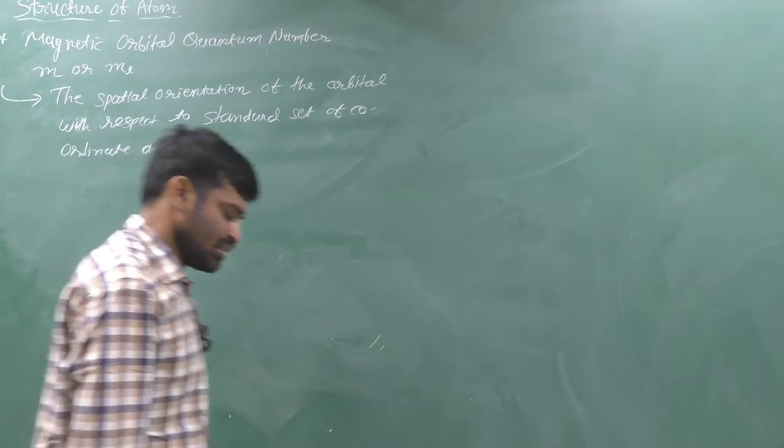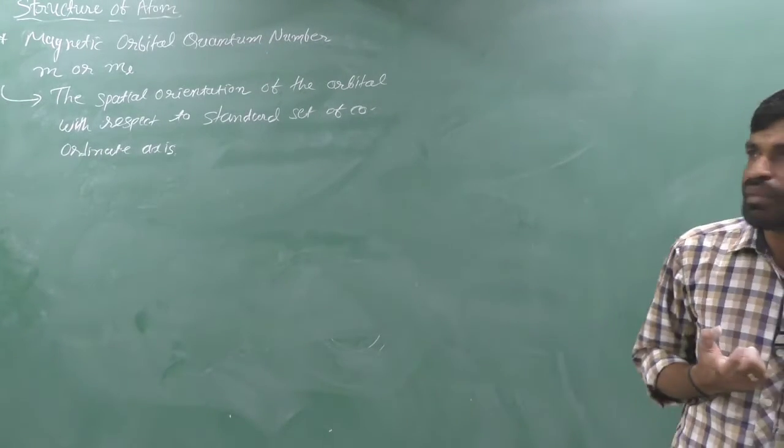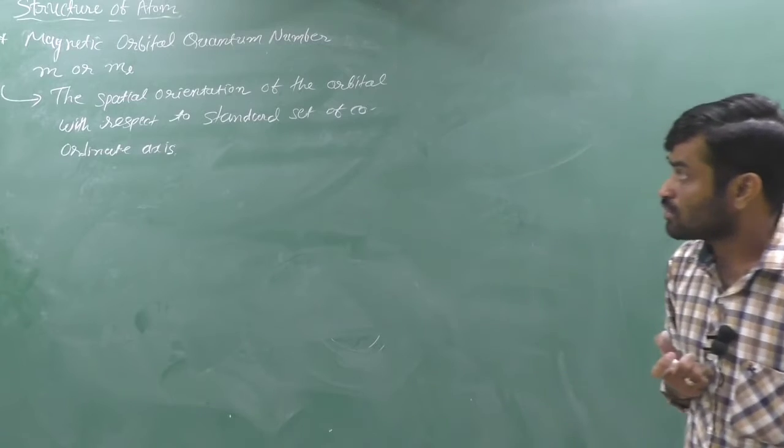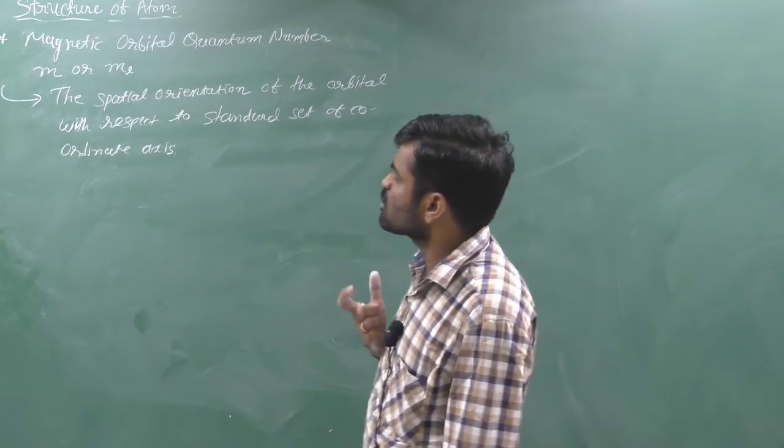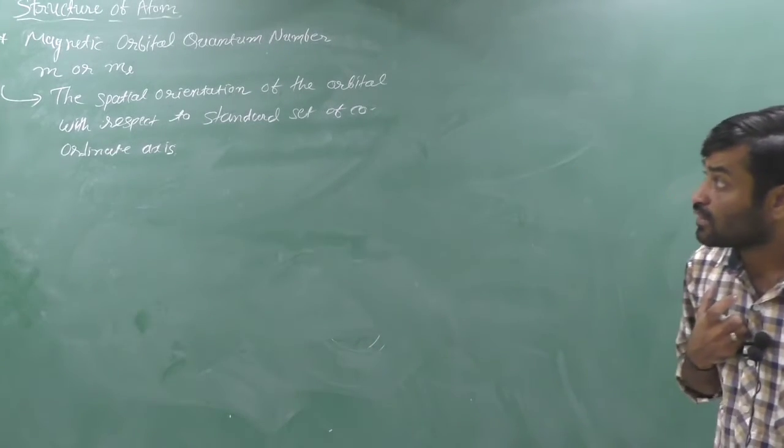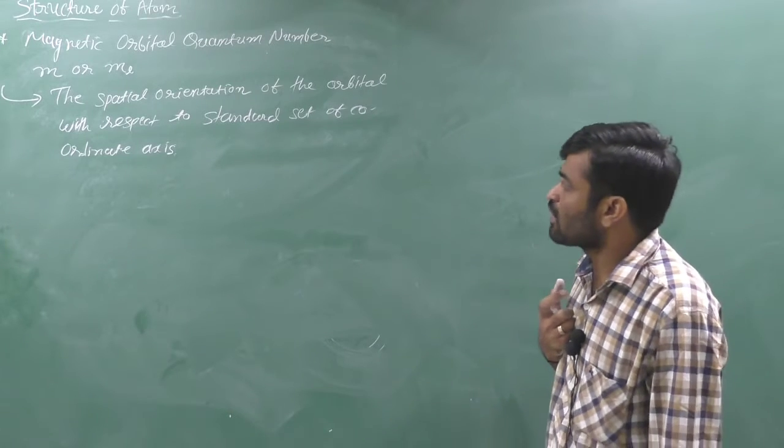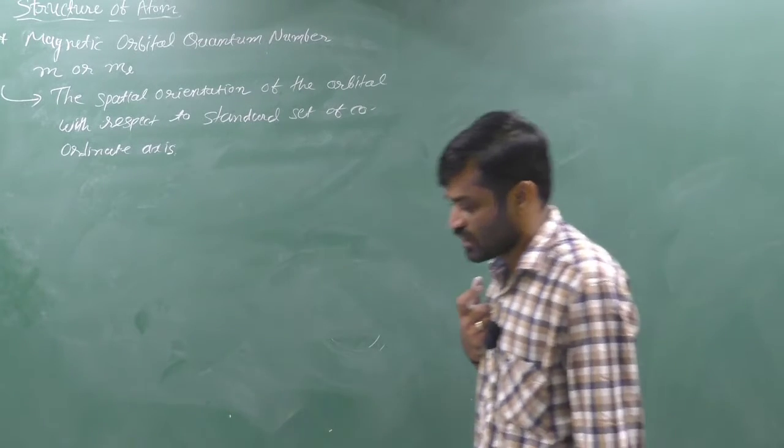What is the meaning of this sentence? From the magnetic orbital quantum number, we can get the information regarding the spatial arrangement of the orbital orientation of the orbital with respect to the standard set of coordinate axis.